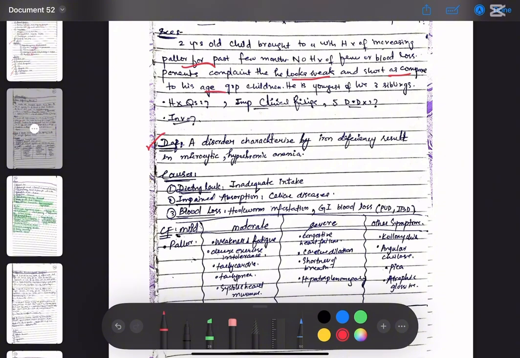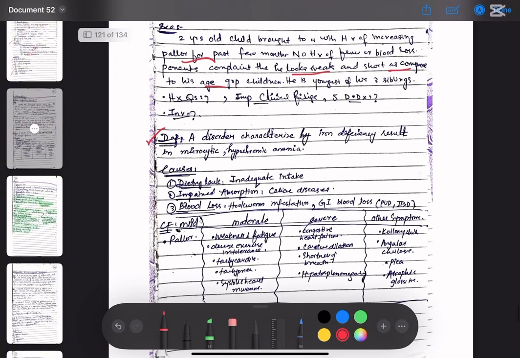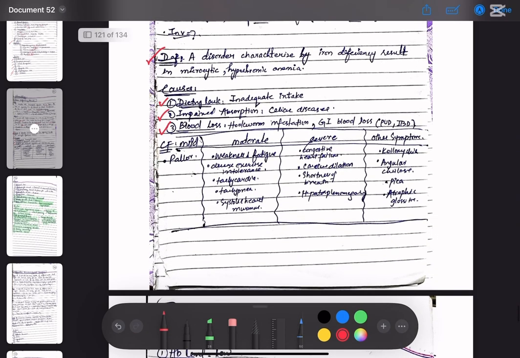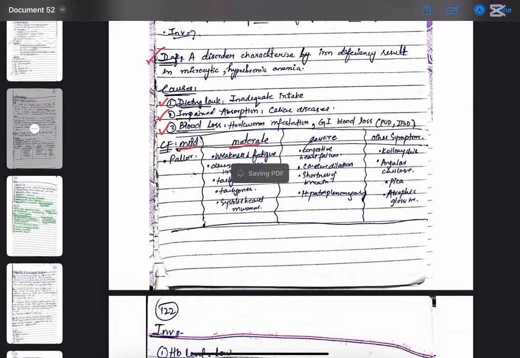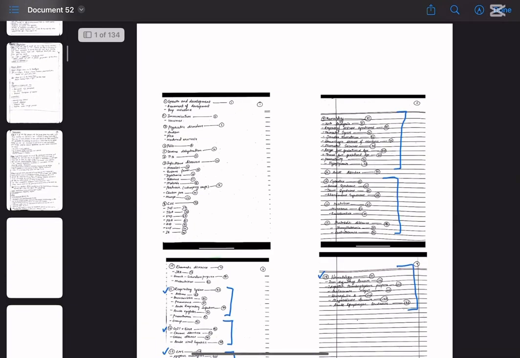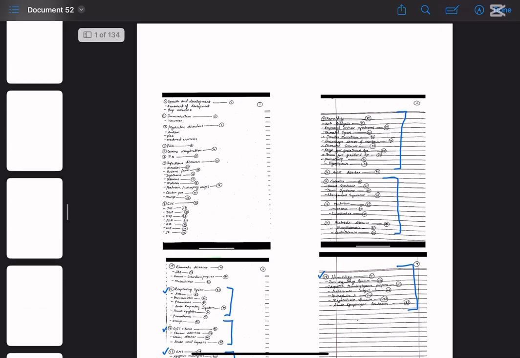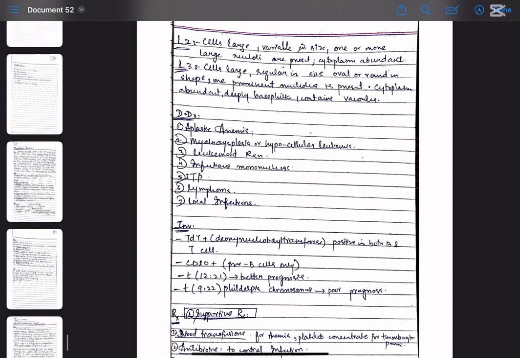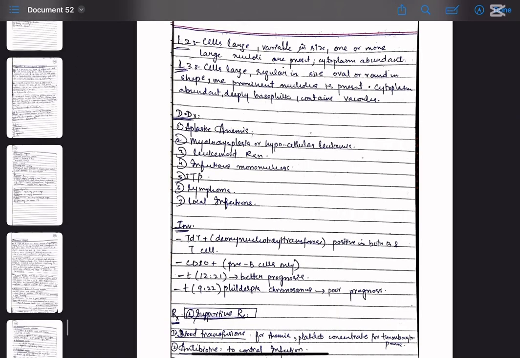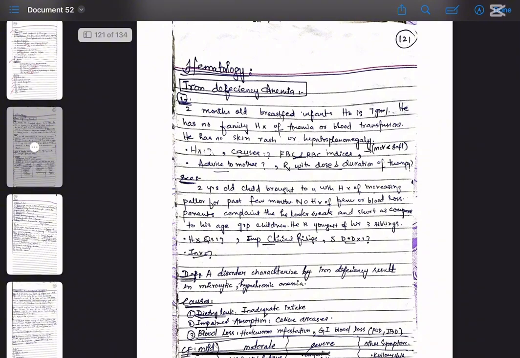The causes are dietary lack, impaired absorption, and blood loss. The clinical features are mild, moderate, severe, and other symptoms are koilonychia, angular cheilosis, pica, and atrophic glossitis. Okay, so this was all about iron deficiency anemia.